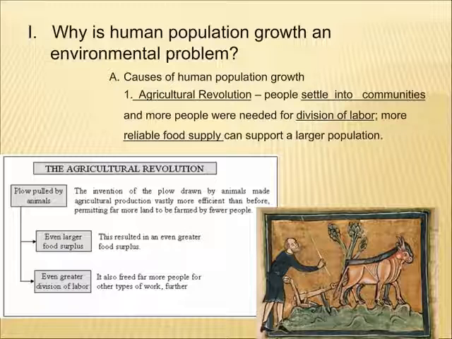This is called division of labor. So this was a positive change for humans. It gave them a more reliable food supply. Rather than having to hunt and gather their food, they could count on it being there. But this does support a larger population. So this was the first case in which human population really started to begin to explode.